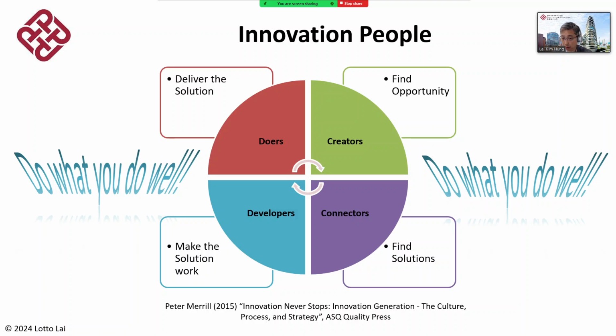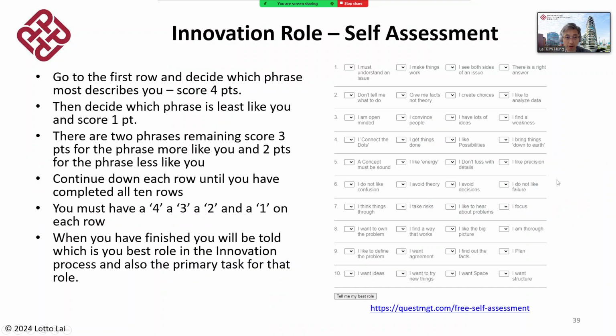So you need to think about which way you do best. Every person has a different nature and may belong to a different role. Sometimes not a single role, but multiple roles, depending on your characteristics and the stage of the organization or your project.